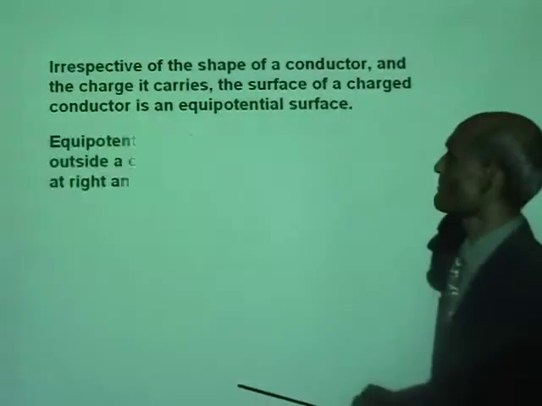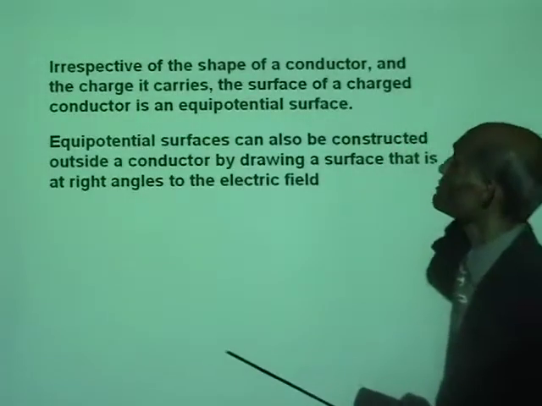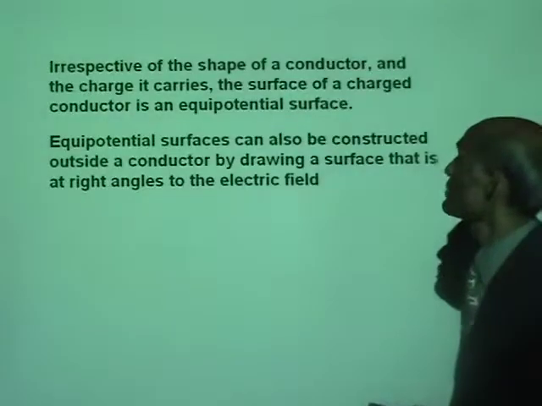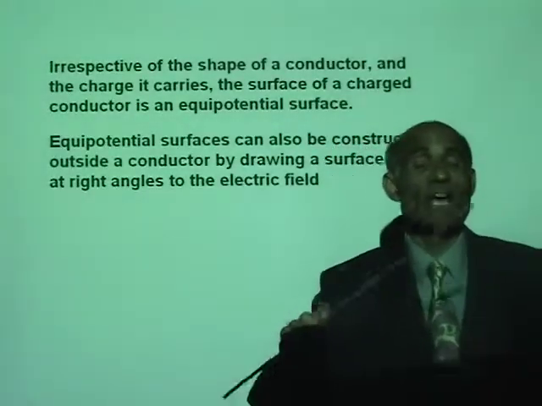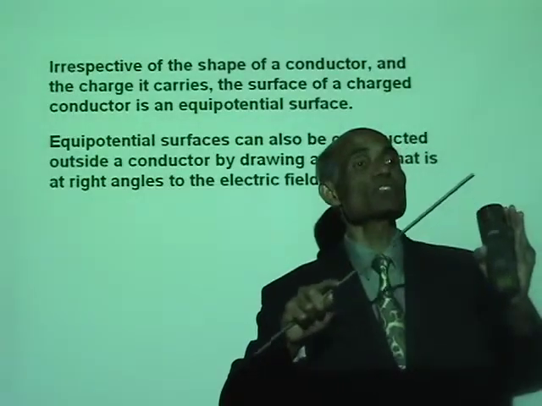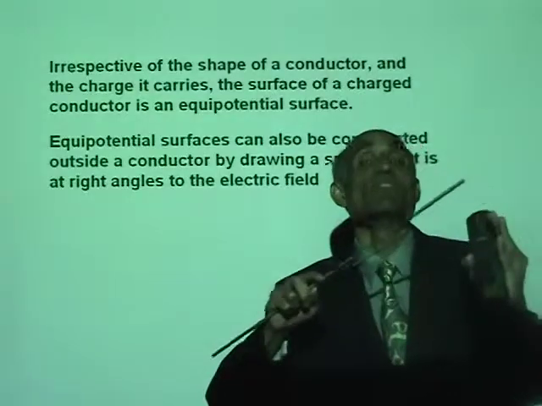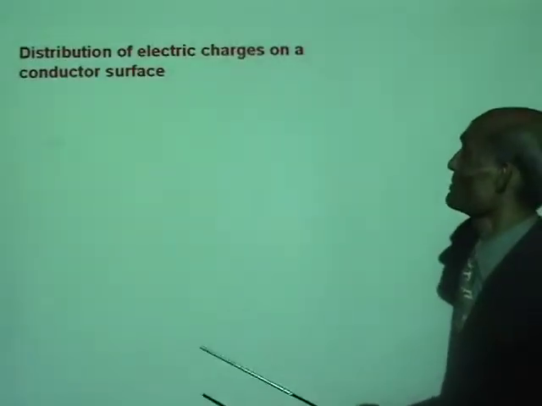Isn't that beautiful? Equipotential surfaces can also be constructed outside a conductor by drawing a surface that is at right angles to the electric field. As long as you draw a surface that will be at right angles to the field always, that surface will be an equipotential surface.